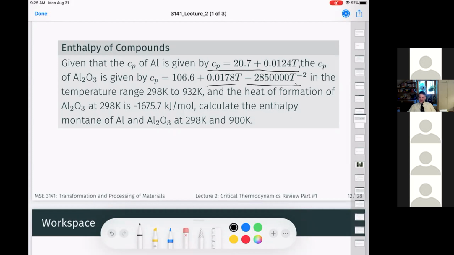Right? So the specific heat is a monotonic function of temperature, meaning that the higher the temperature, the higher it is.